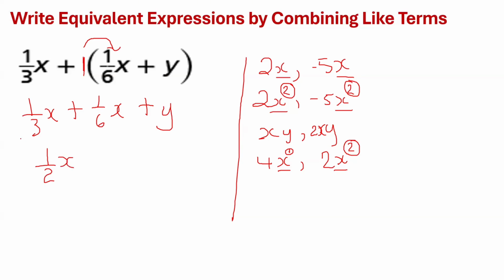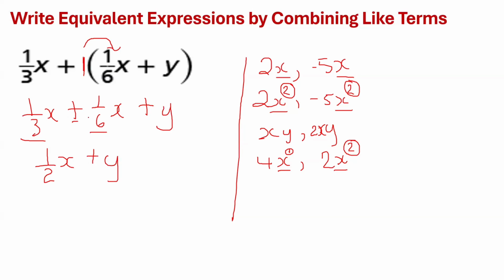Remember, when you are combining like terms, you add or subtract the numbers that are in front of the variable. So I just add 1/3 plus 1/6, and that gives me 1/2. And I write back my variable, which is x. Now I don't have a like term for my y, so I am going to write back y here.